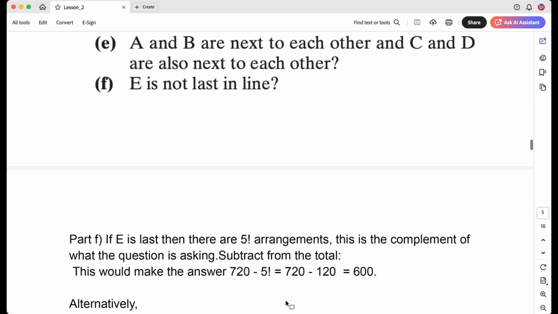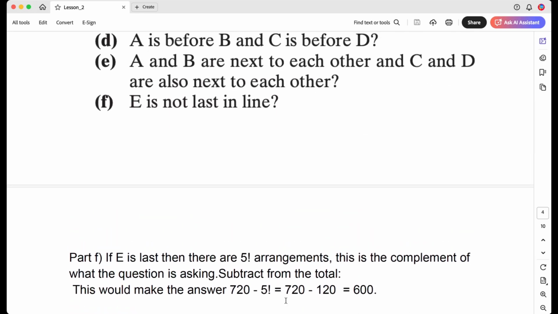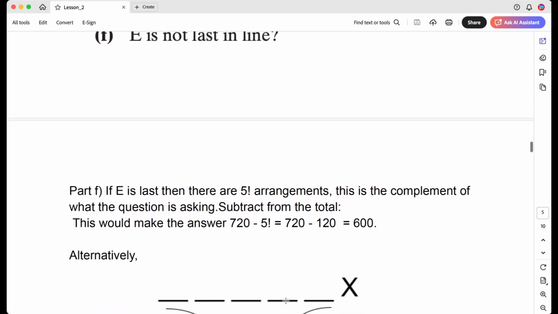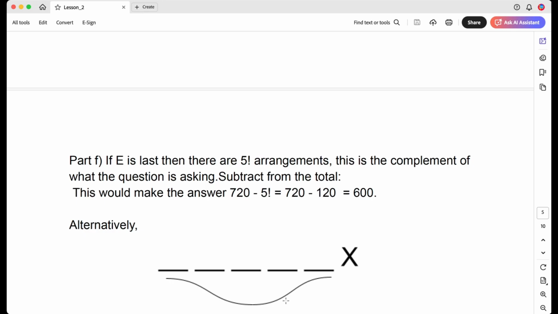So the total is 720. If E is last, we're left with 5 factorial arrangements because there are 5 slots available for the remaining letters, and the 6th slot is filled in with E. So the final answer would be the grand total, 720, minus 5 factorial, 120, which is 600.